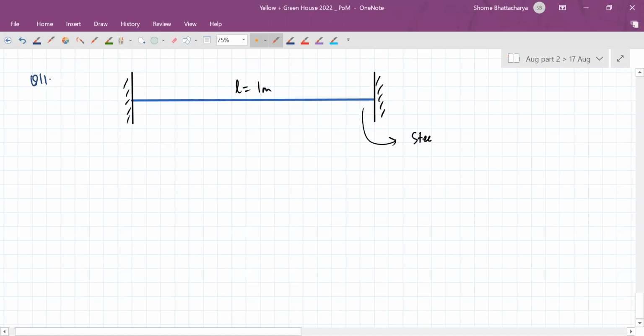And this is steel wire. So Young's modulus of steel is given to us. It is 2 into 10 raised to 11. The cross-sectional area is given to us as 4 millimeters square.